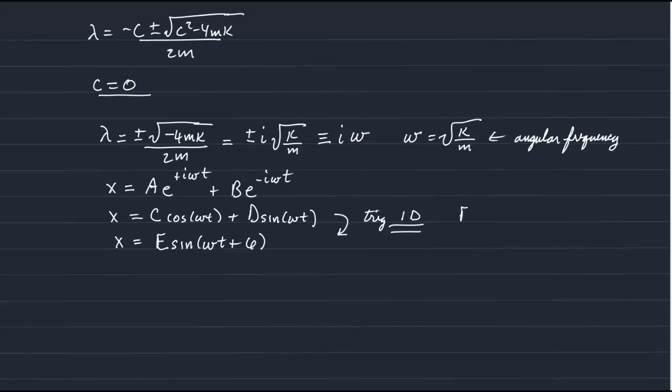And here e is equal to the square root of c squared plus d squared, and phi is an angle that's equal to the arctangent of c over d. So this is just a constant. This is our second constant. Remember, we're going to have two constants. In this second form, it's c and d, and in this third form, it's e and phi.